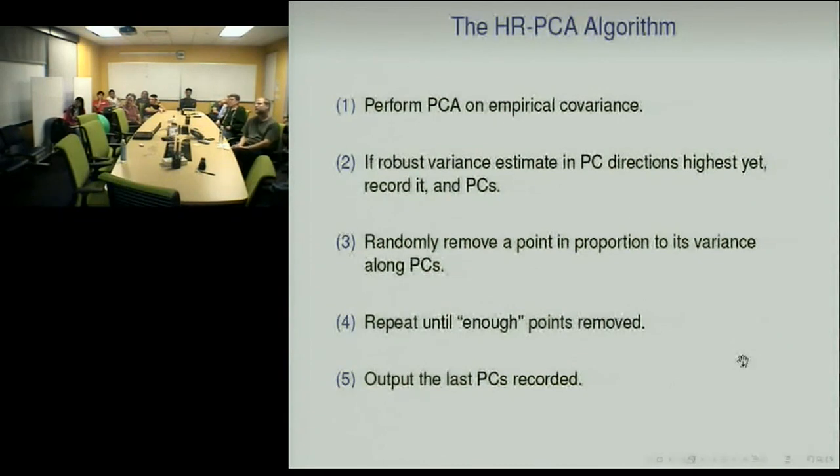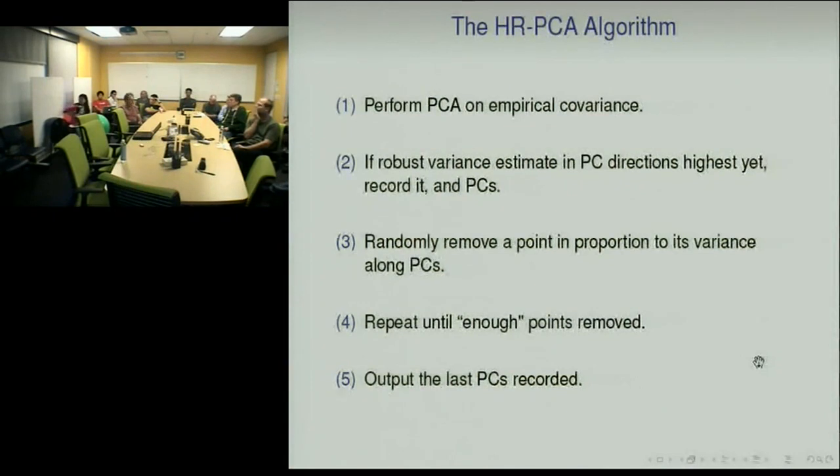Then when you randomly remove a point in proportion to its variance, with very high probability you're going to throw this point away. So for the first few steps, you're absolutely right, you expect to be mostly discarding adversary points. If of course you have many outliers, if your data are essentially just outliers, then you're screwed. There's nothing I can do for you.